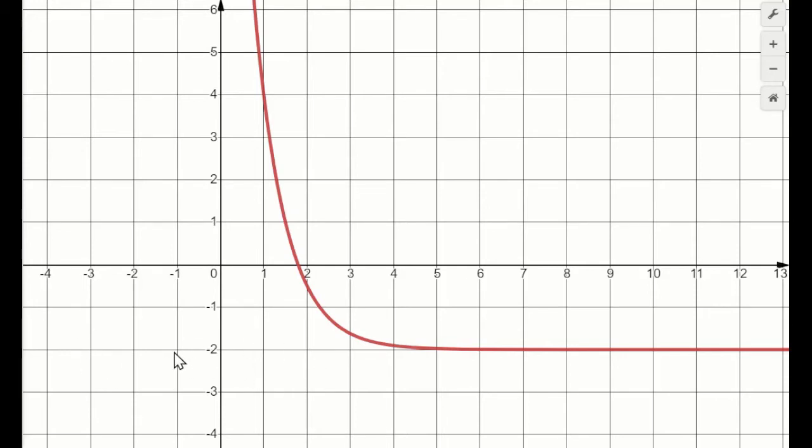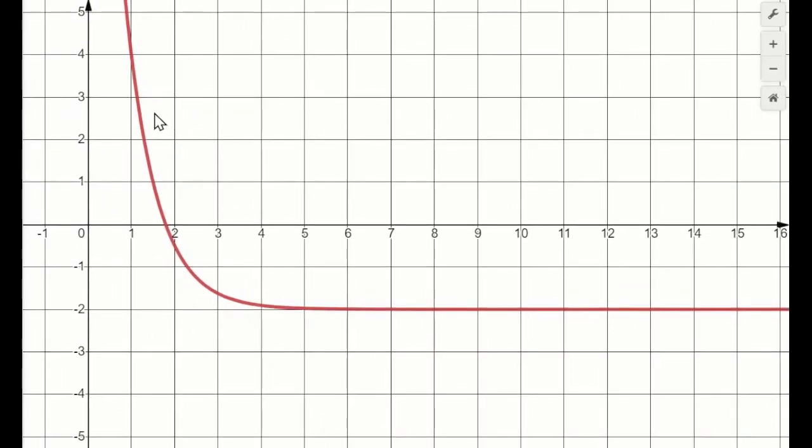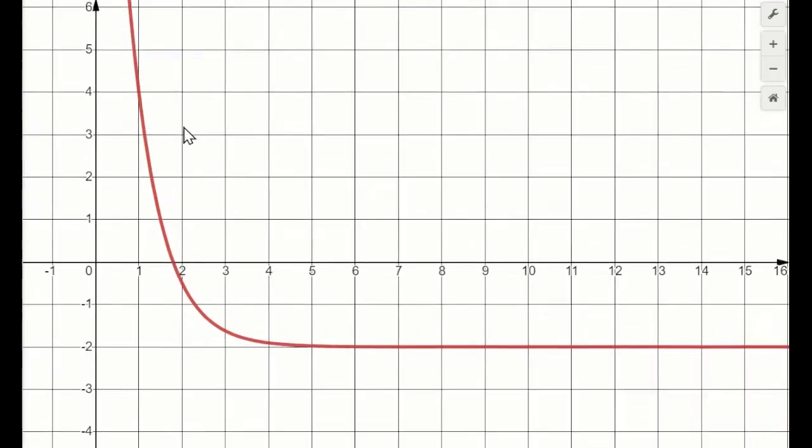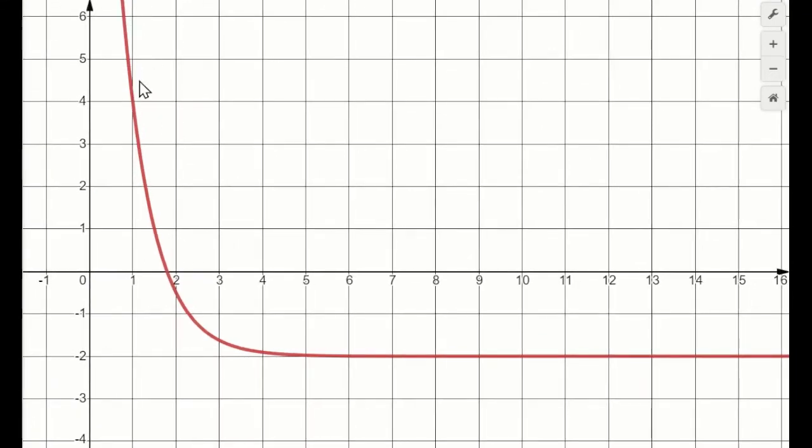You can observe right from the picture that the graph will never sink below the line y equals negative 2. That tells you some truth about the range of this function. But again, I am not going to go any further into that.